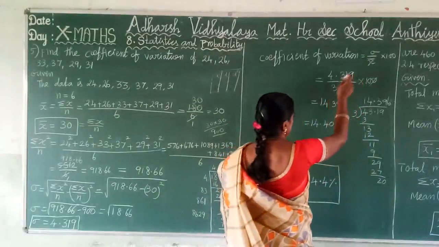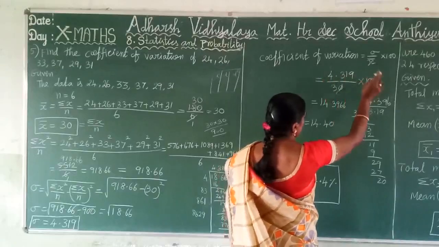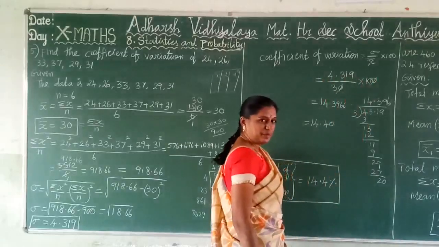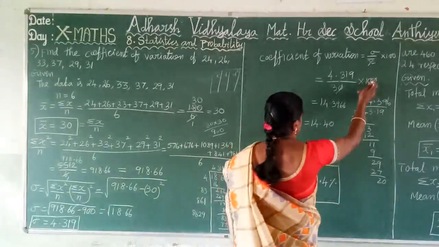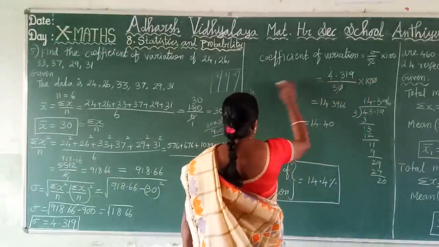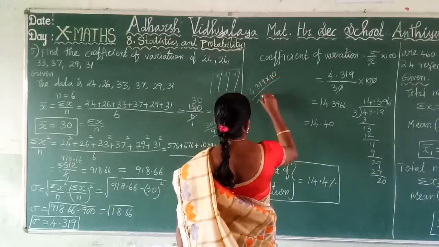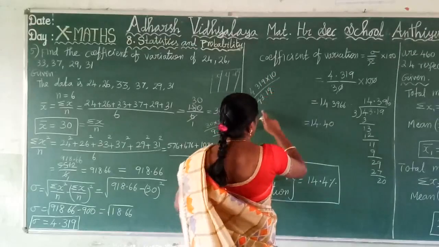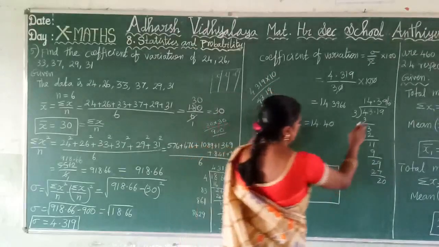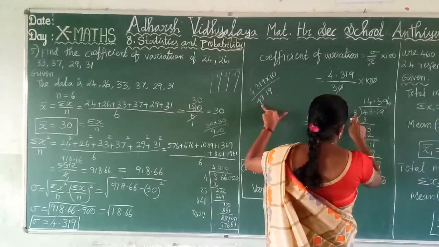Otherwise you simplify the 3 and then multiply by 0. Both are the same. So 4.319 into 10 gives 43.19, and then divided by 3. So 43.19 divided by 3.